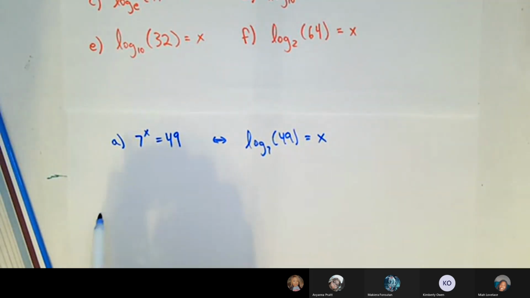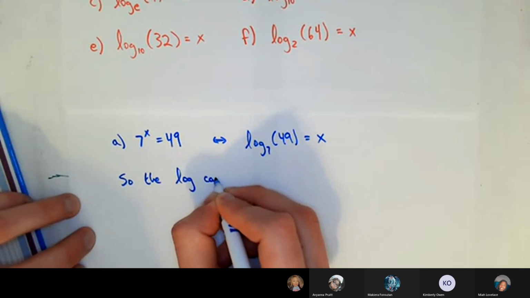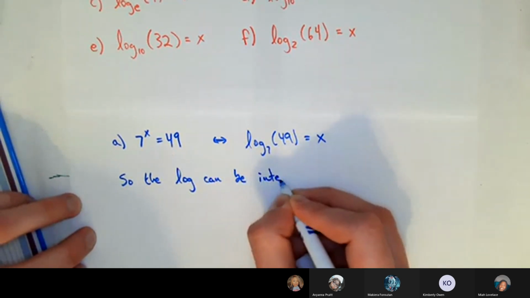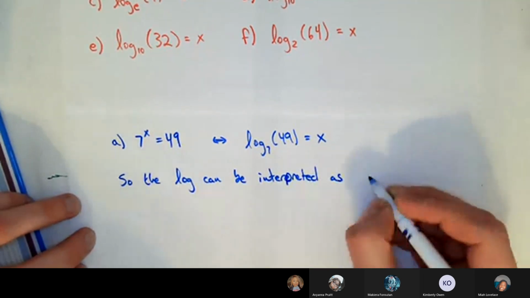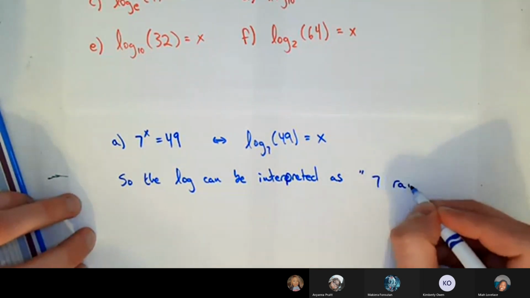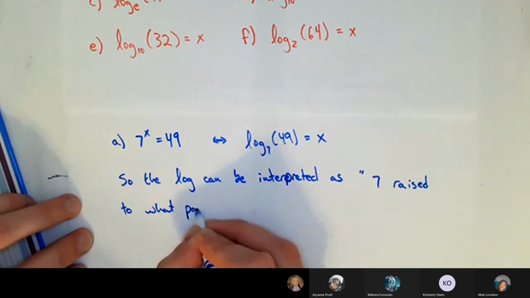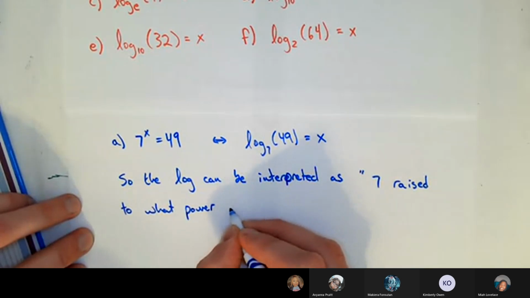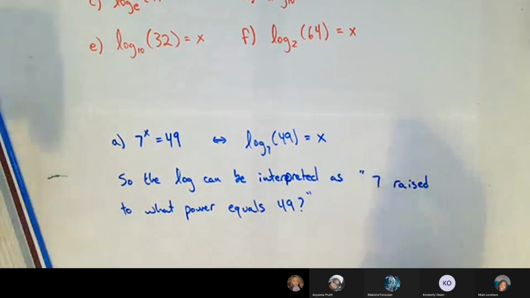That's what we had for part A and the solution for part A. So the log in this case can be interpreted as: 7 raised to what power equals 49? That's the question that the log is asking. When you write it in this form, just remember that that is the question that the log is asking.